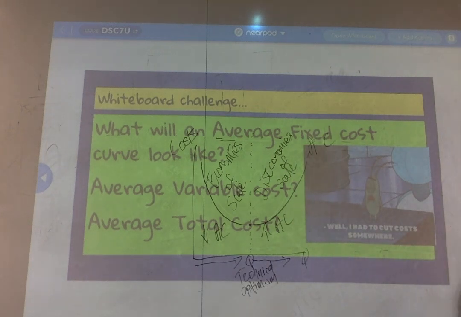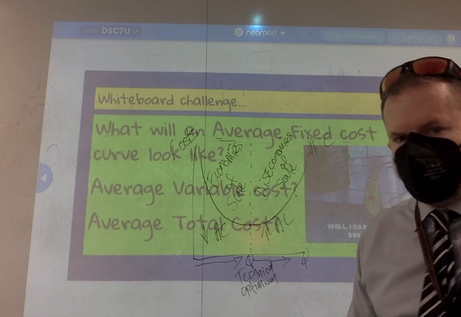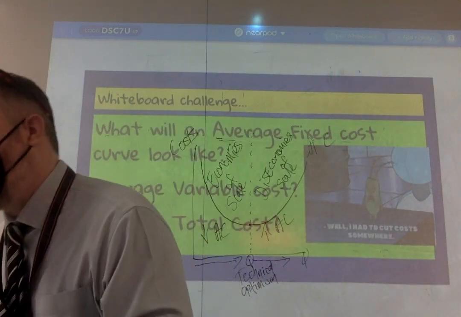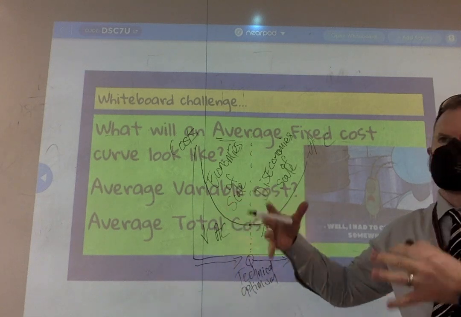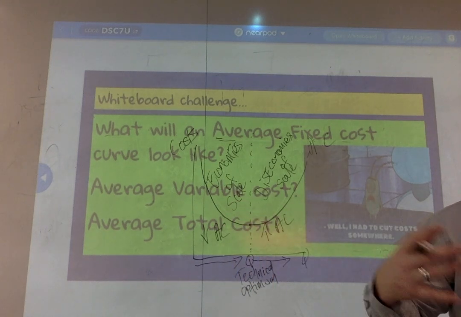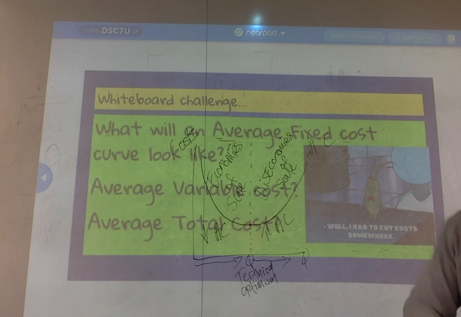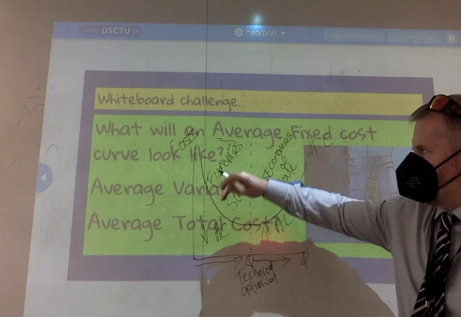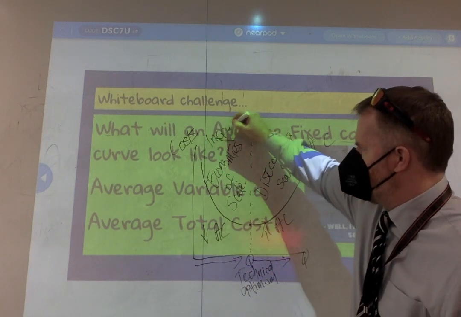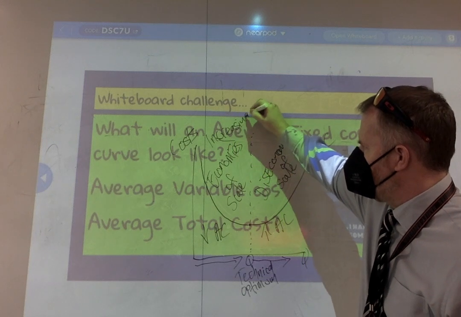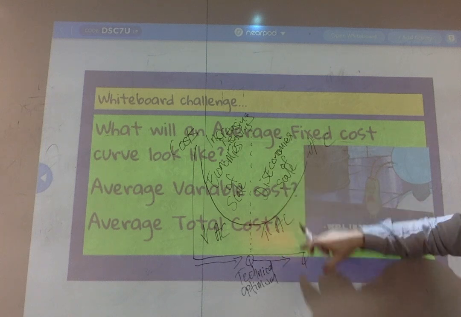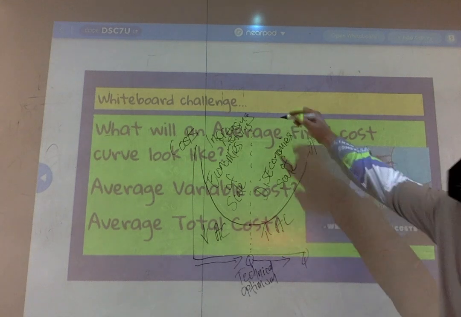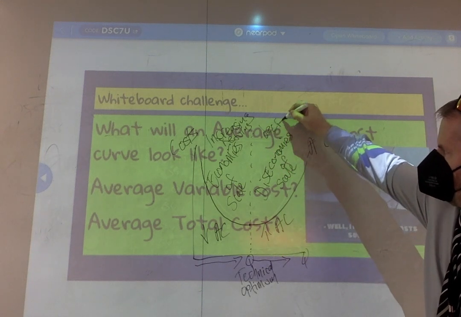But it gets even more scary than that, because we can describe these in relation to the returns that you get. If you've got declining average cost, you've got what's called increasing returns. And if you've got increasing average costs, you've got decreasing returns.